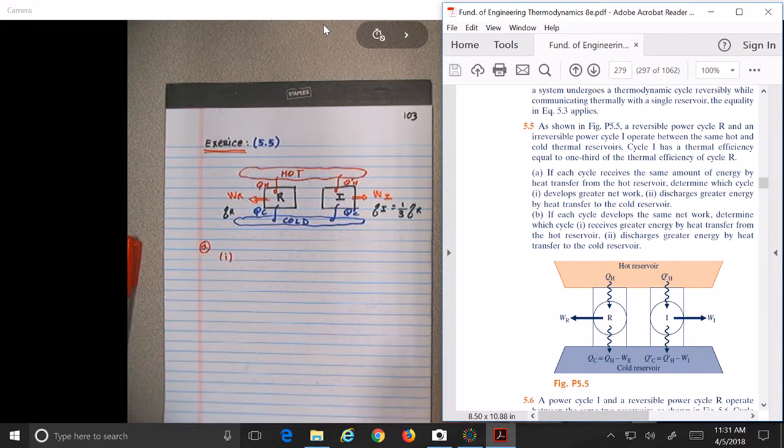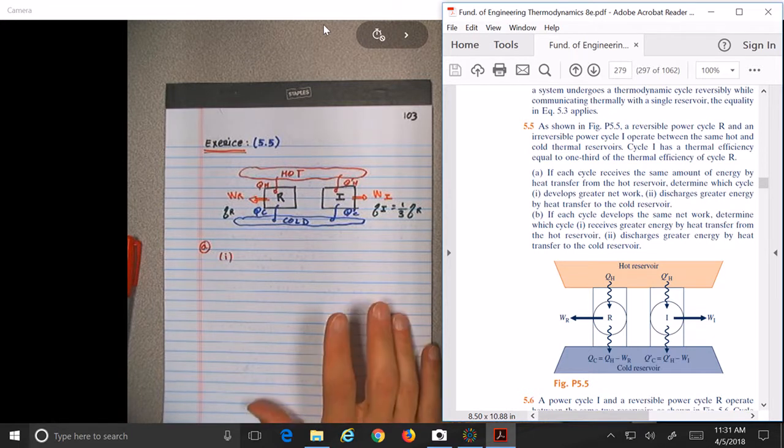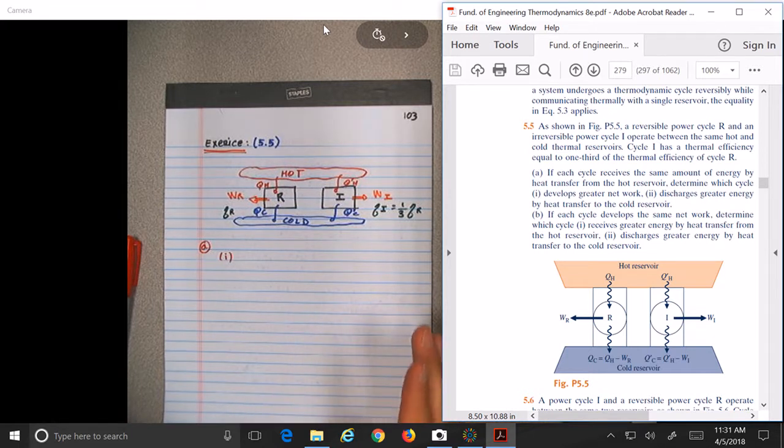so I don't know exactly how to do the answer, but okay, so which one is going to produce more, develops greater net work, the reversible or irreversible? Should be the reversible, no? Because we say that the efficiency of the reversible is always higher than the efficiency of the irreversible, no?